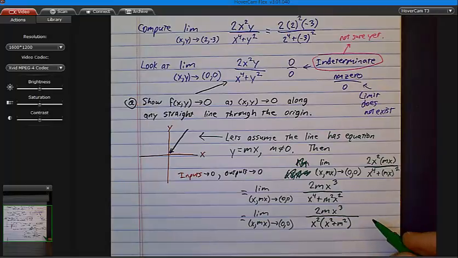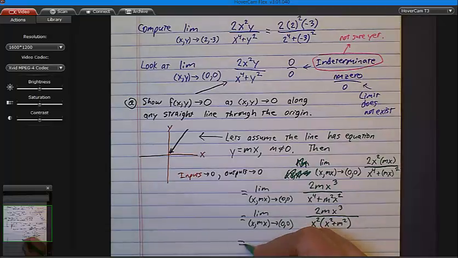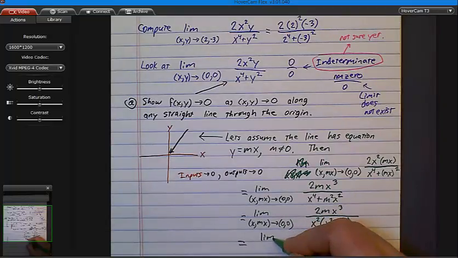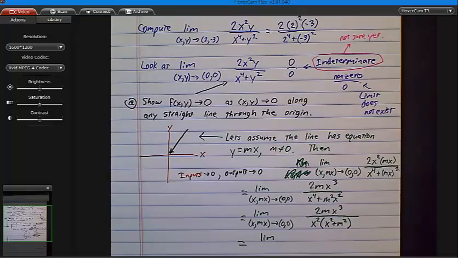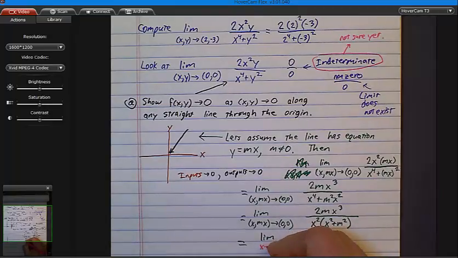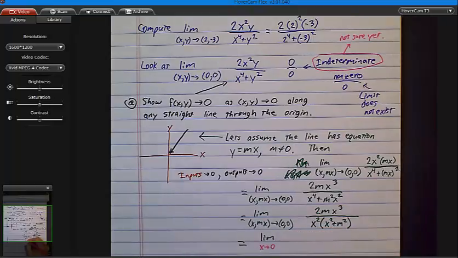So let's see. This is equal to, and here's a trick. I'm going to highlight this one in pink. This is actually equal to the limit as x approaches 0. Because think of it, guys. If you're moving along a line here, and if x is approaching 0, what's x times m? 0.